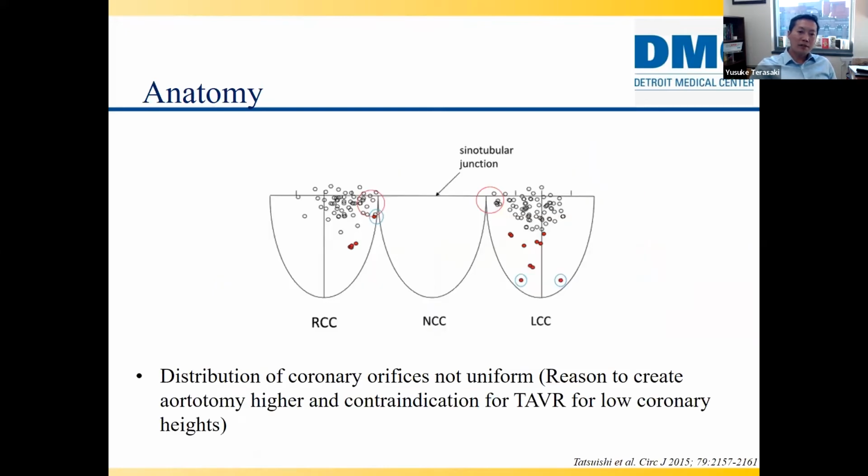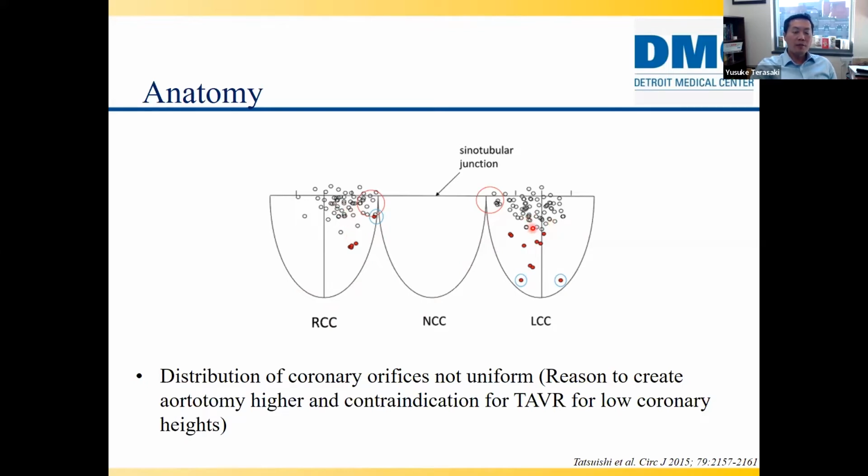Now, I really like this diagram, because this really shows the distribution of the coronary orifices off of the aortic root. And so this RCC is represented by the right coronary cusp, NCC is the non-coronary cusp, and the LCC is the left coronary cusp. And obviously, the right coronary artery orifices come off the right, and the left comes off the left.